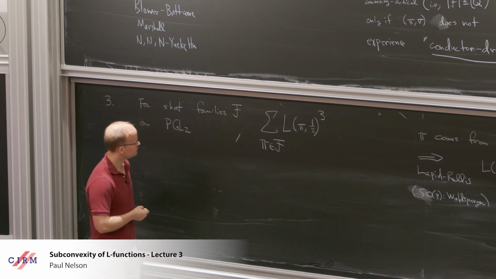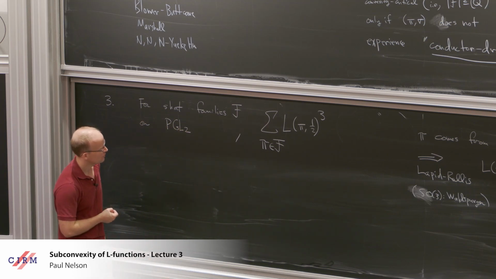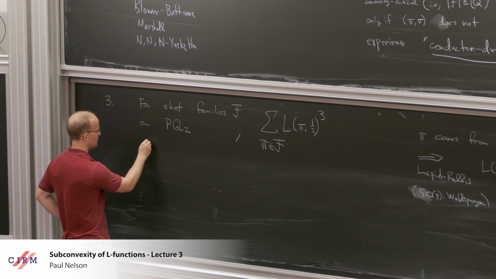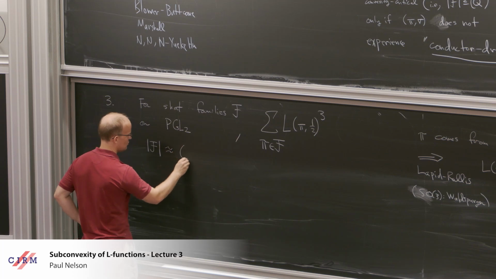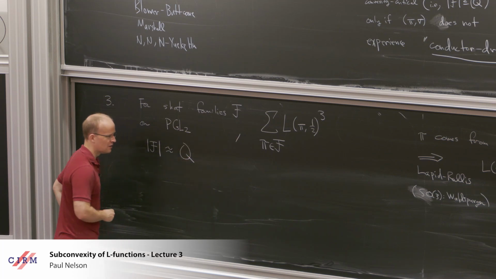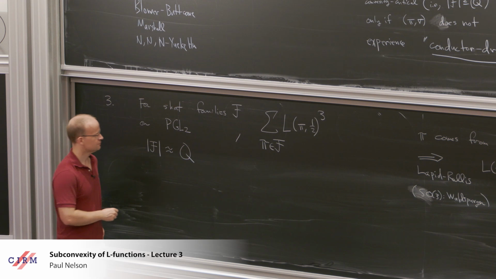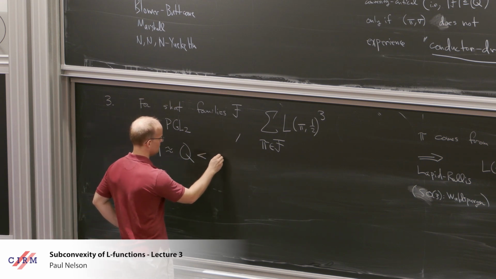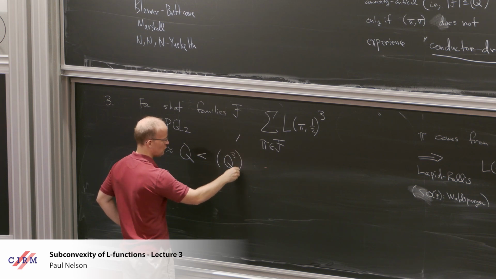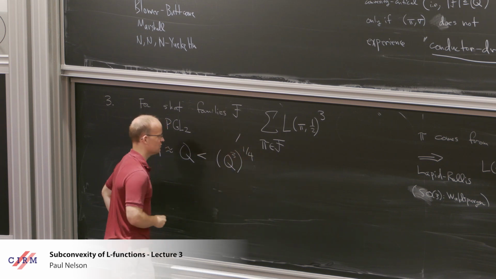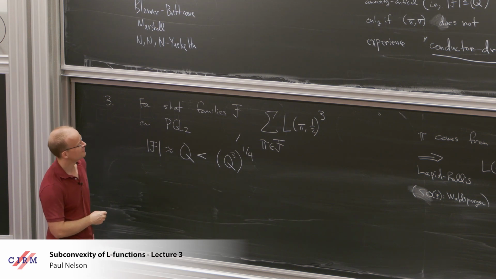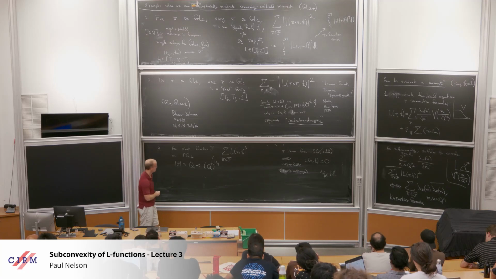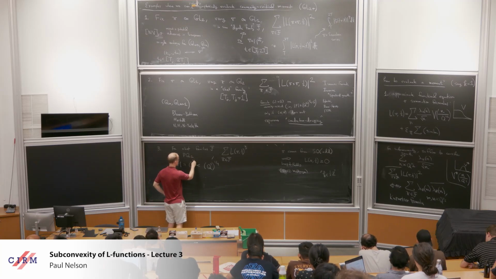And so what'll typically happen here is that the family size is roughly comparable to the conductor. So in particular, it's much smaller than the fourth root. Sorry, what am I saying? That doesn't look correct. Now I guess the family size is roughly the conductor to the half.